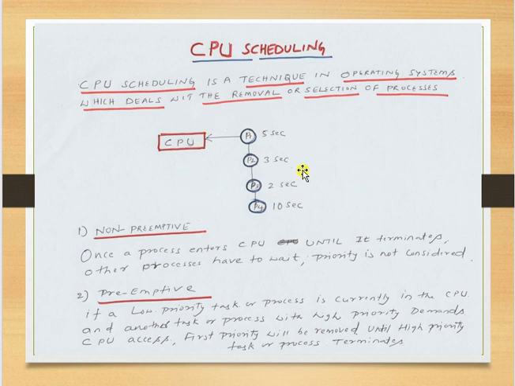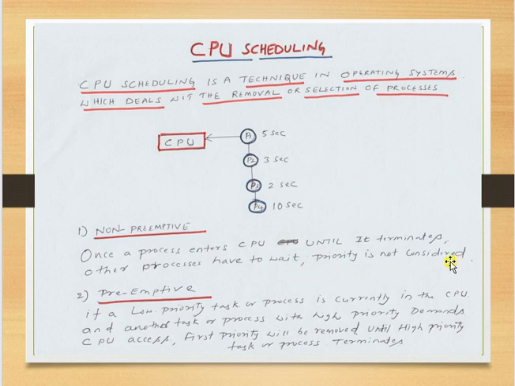Now in this CPU scheduling mechanism or technique, there are two methods which are supposed to be employed. One is non-preemptive. What do you mean by non-preemptive? Once a process enters the CPU, the central processing unit, until it terminates, other processes have to wait in the queue.